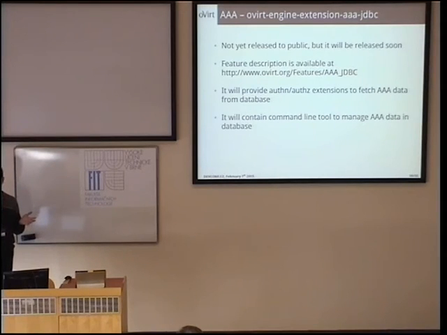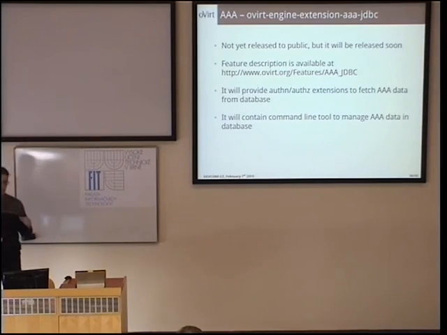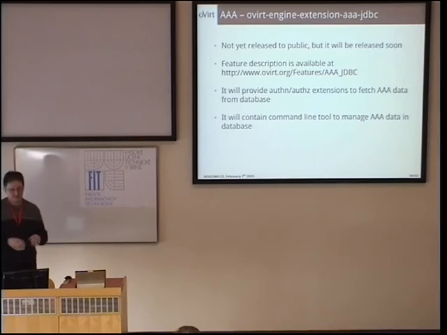It will also provide command-line tools to manage AAA data, so you can, let's say, create user groups and so on, everything using command-line tools from these extensions. It's not yet released for public, but it should be really soon. I cannot tell you the exact date, but.